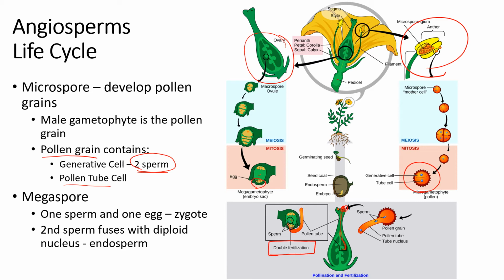When that happens, what we have is the development of a seed. So we see the embryo in the seed with the endosperm that's formed from the double fertilization enclosed in a seed coat. Now, probably you have all at some point planted a seed to see how it germinates, and then hopefully you had some success and it actually grew into a mature plant.